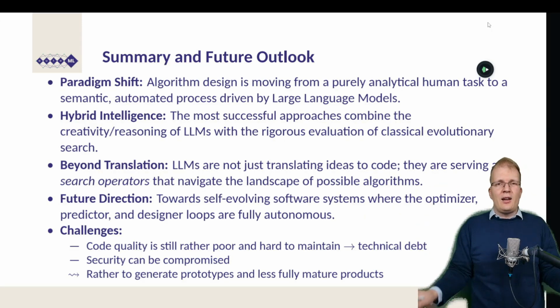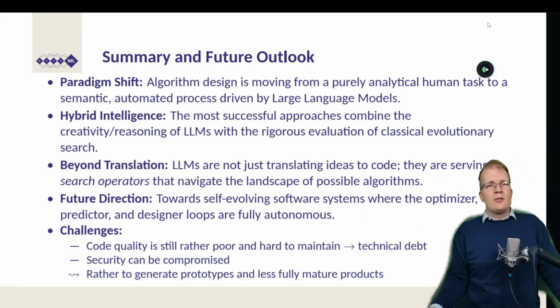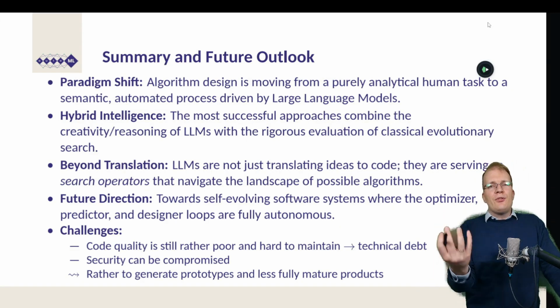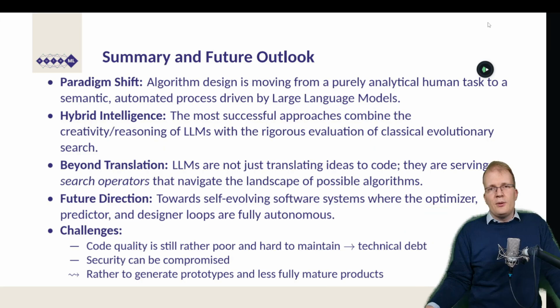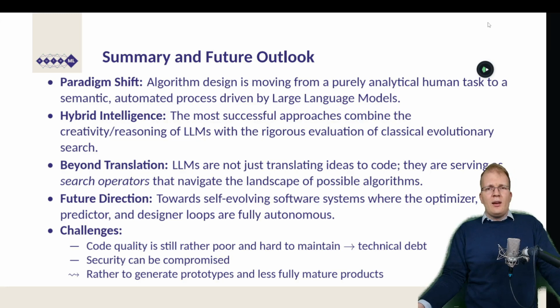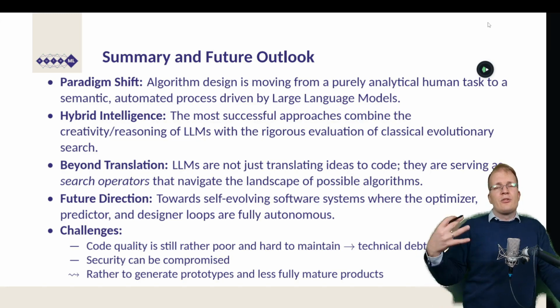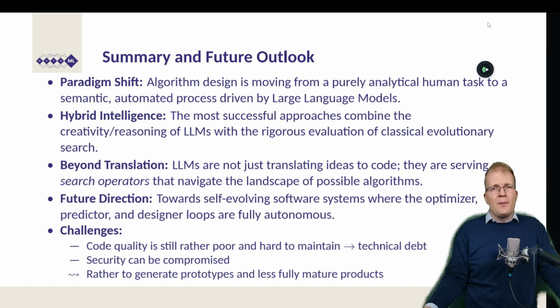One can discuss how far that is really creative, but it proposes new things, and we can drive it in combination, for example, with classical evolutionary search to come up with better and better approaches. People are quite extensively exploring that direction right now. And it's more than just translating ideas to code. They really serve as a search operator and navigate the landscape of possible algorithms.